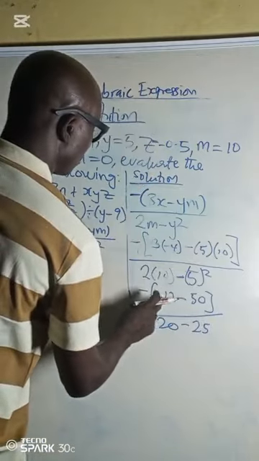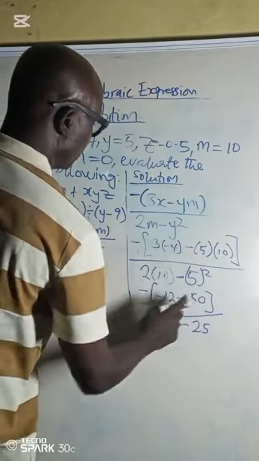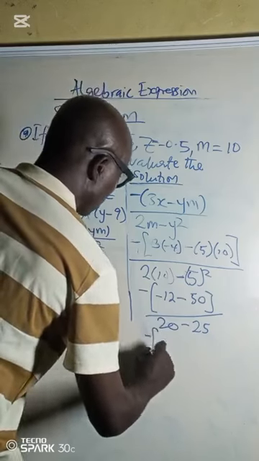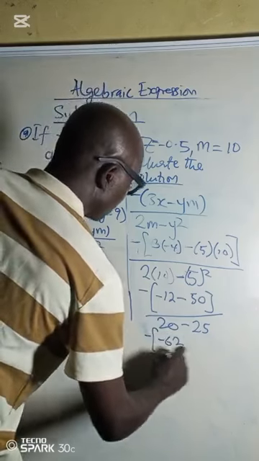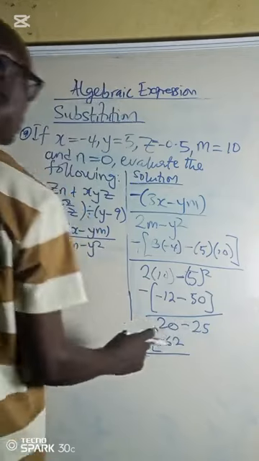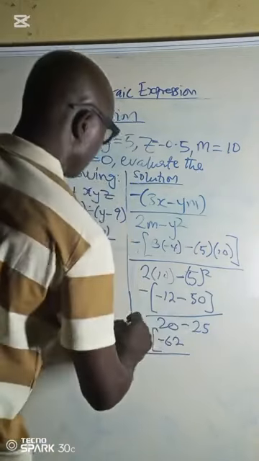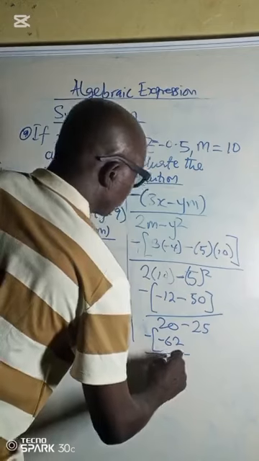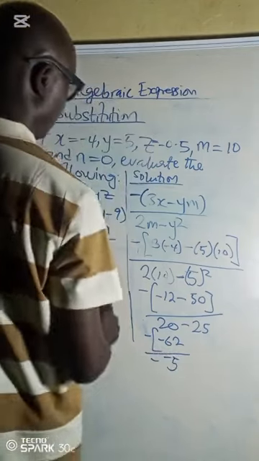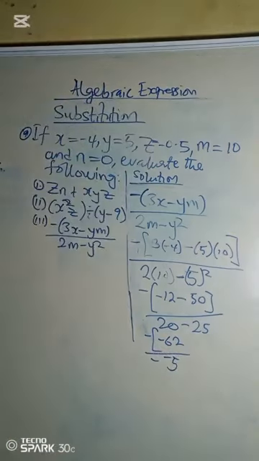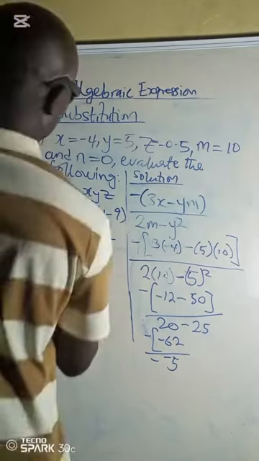So minus 12 minus 50, that gives us minus 62. 20 minus 25, that is minus 5. That's minus 5.